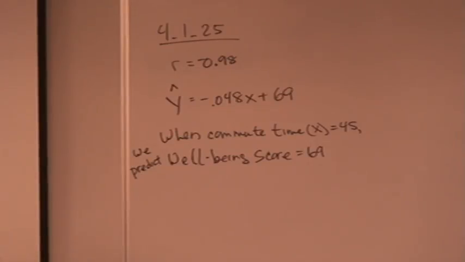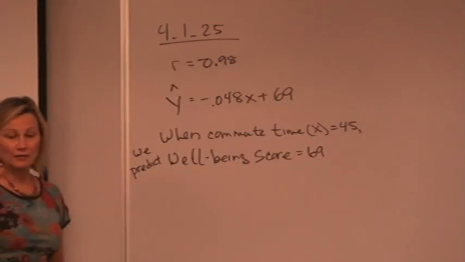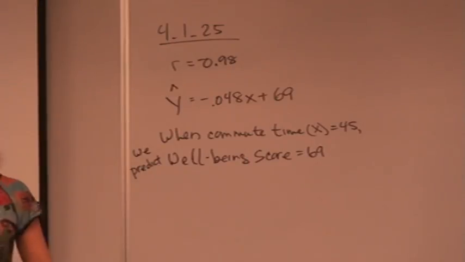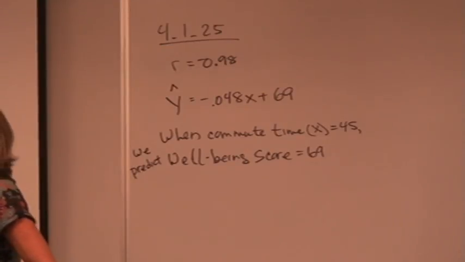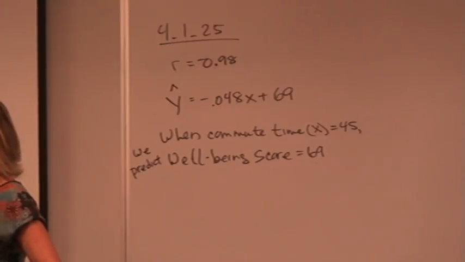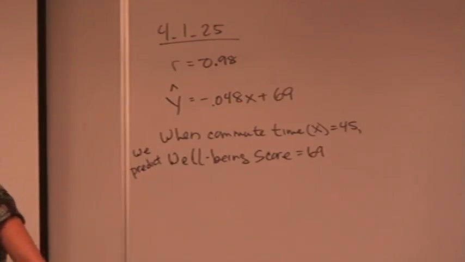Our R-squared value, 0.96. So again, the closer the points are to the line, the R-squared value is also going to be larger. Remember it's a percentage, so it's always going to be positive.